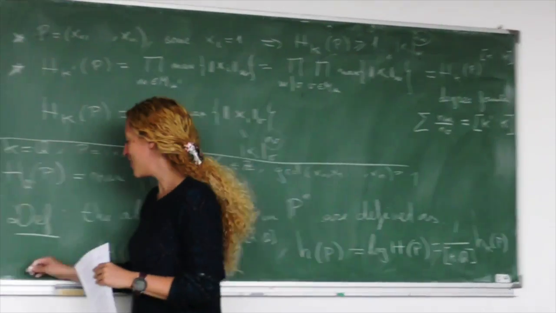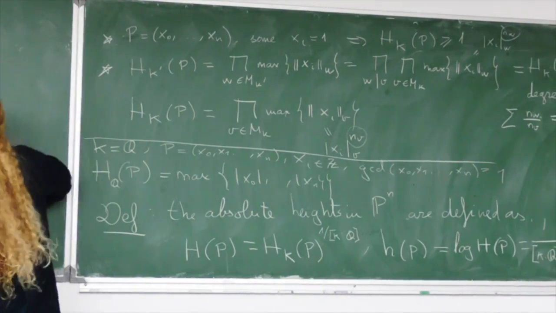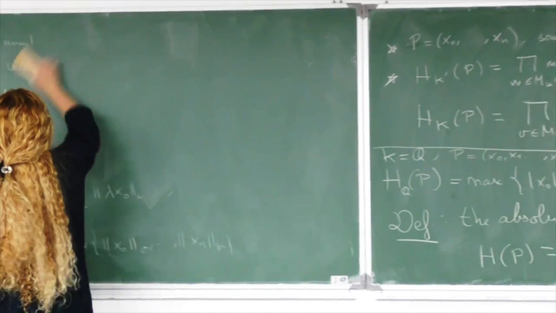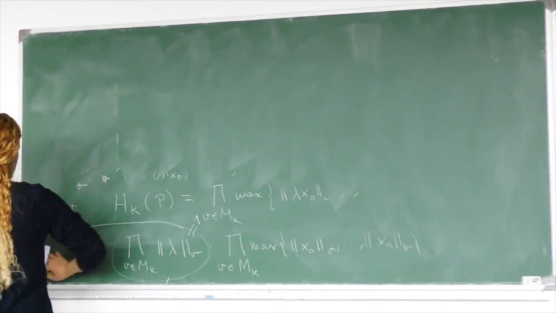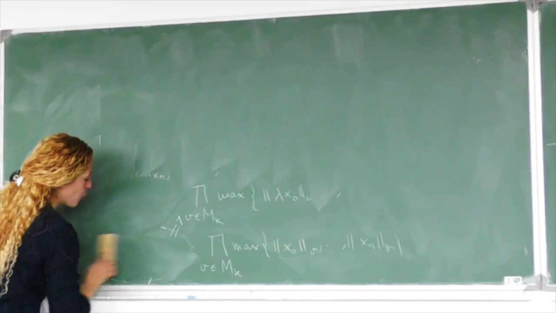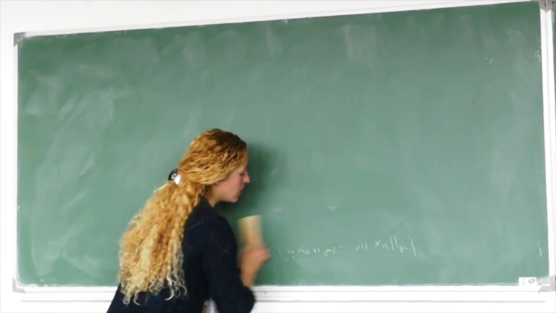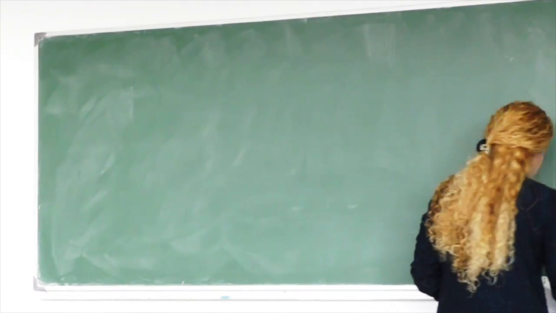Because maybe you are getting lost with all those heights. Maybe just before the example, a very small remark. We have defined those heights for points on projective spaces. So we can use them to define actually the height of a point in a field.